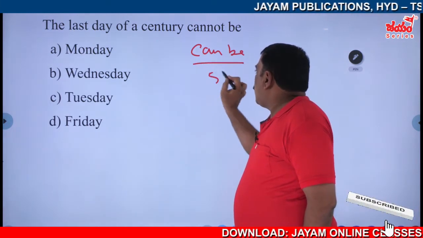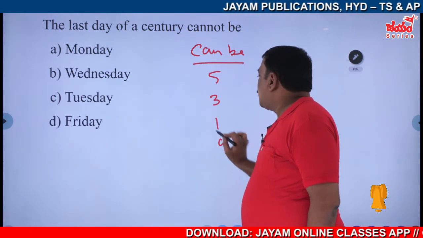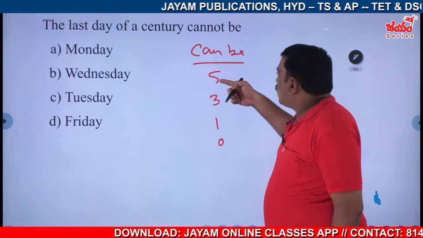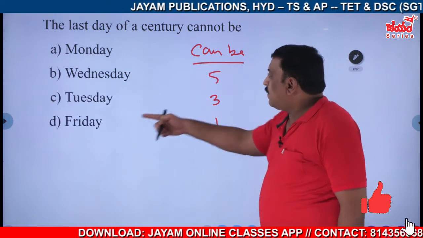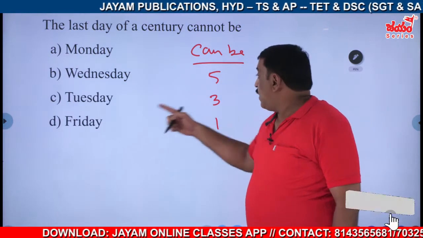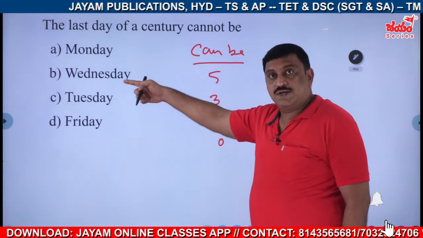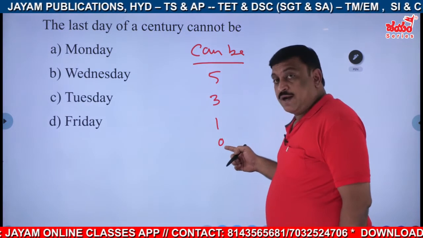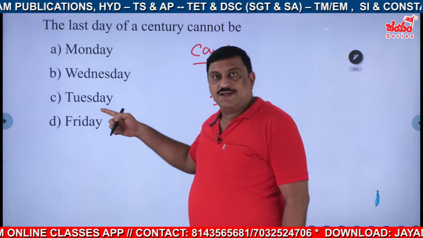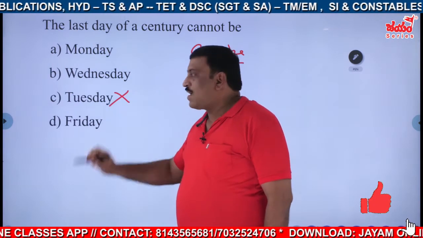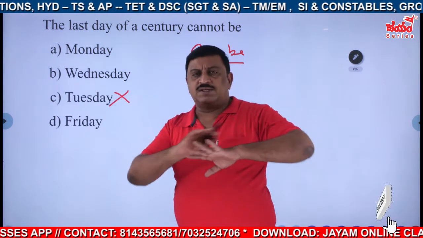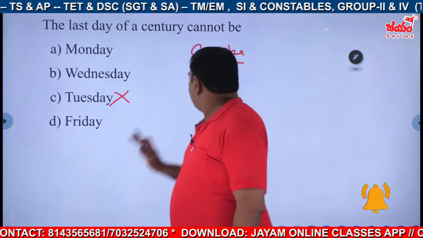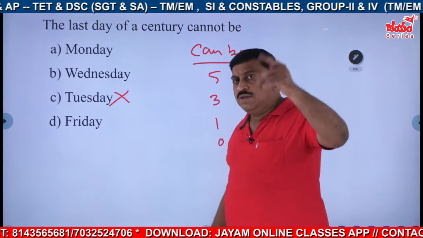So 5 means Friday. It can be Friday. 3, it can be Wednesday. 1, it can be Monday. But 0 means Sunday. It should be Sunday, but they said that it is Tuesday. Tuesday cannot come. In any of the centuries, the last day won't be Tuesday or Saturday. 4 are there means 3 are not there.